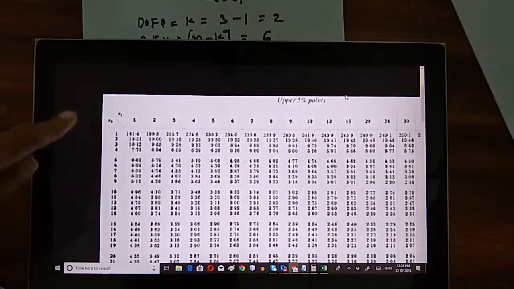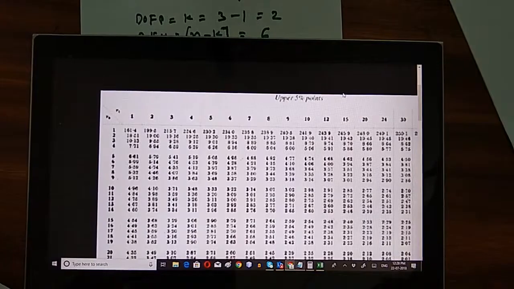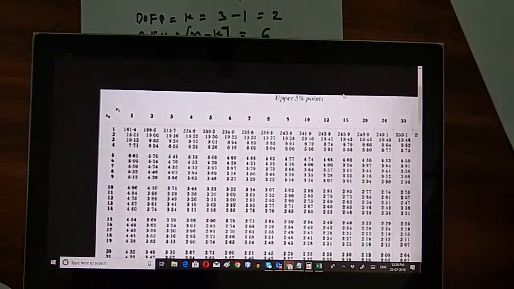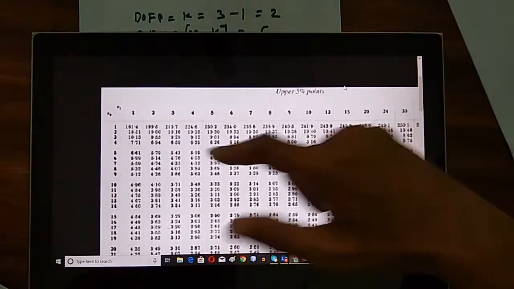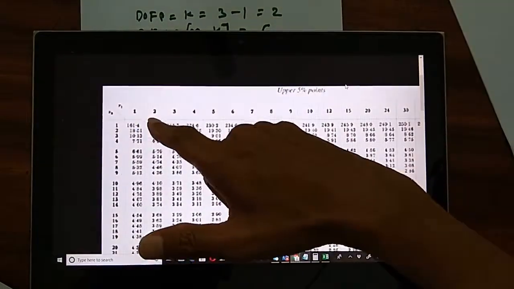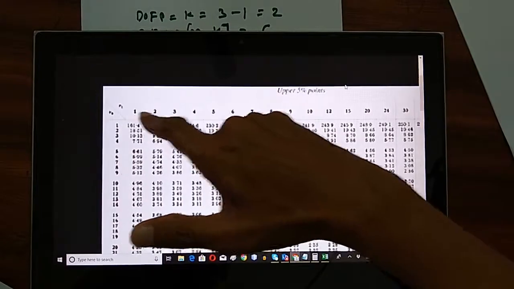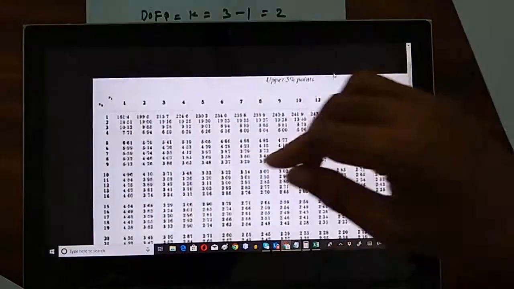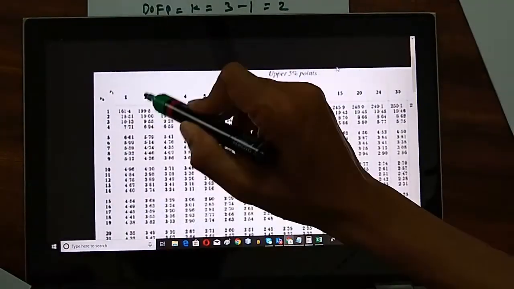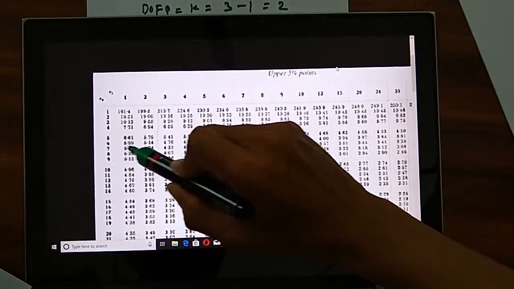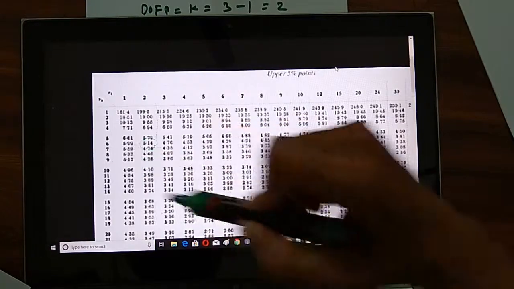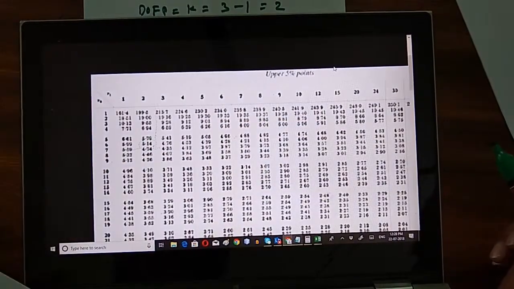Then we look in the statistics table, a predefined table that is available online or in any statistics book. You need to see what our numerator is, 2, and our denominator is 6. If you cross 2 with 6, the value is 5.14.